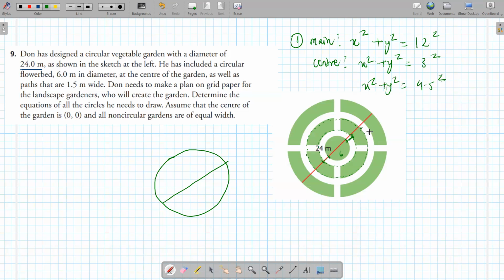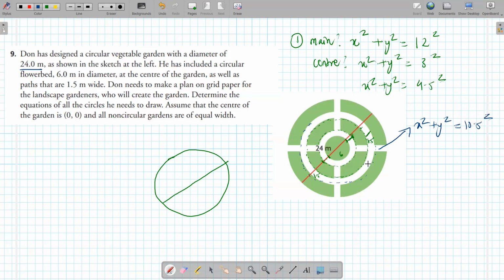I mean, if this is 1.5, this is 1.5. That means this circle in here, we can find that for sure because that's just going to be 24 minus 3. That's going to be 21, okay? For this circle, it's going to be x squared plus y squared equals 10.5 squared.